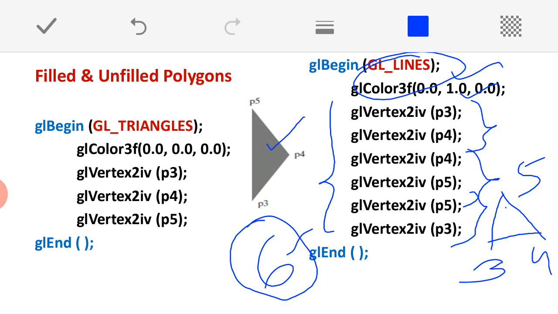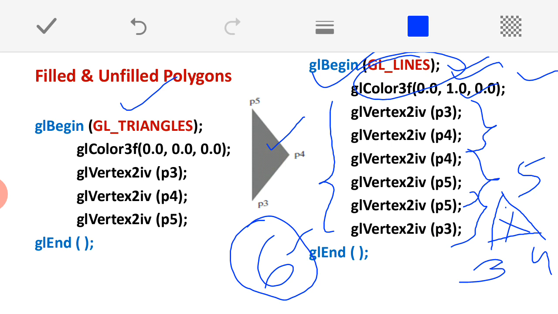But when I draw the triangle using such kind of GL underscore lines, at that time only my border line color will be what? Blue color, that I have set over here, but the interior will not get filled. So, that is the difference between drawing or displaying the polygons using the symbolic constants available in OpenGL, or by using this GL underscore lines primitive.